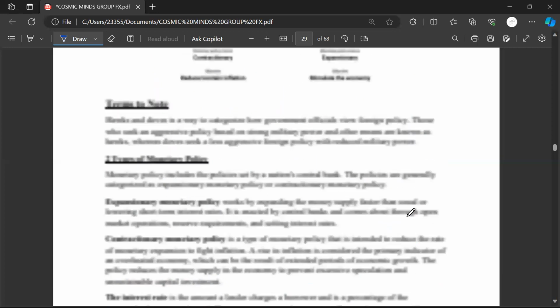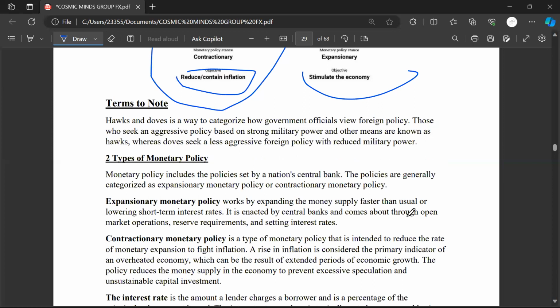Now, terms to note. Hawks and doves is a way to categorize how government officials view foreign policy. Those who seek an aggressive policy based on strong military power and other means are known as hawks. Whereas doves seek a less aggressive foreign policy with reduced monetary policy, right?